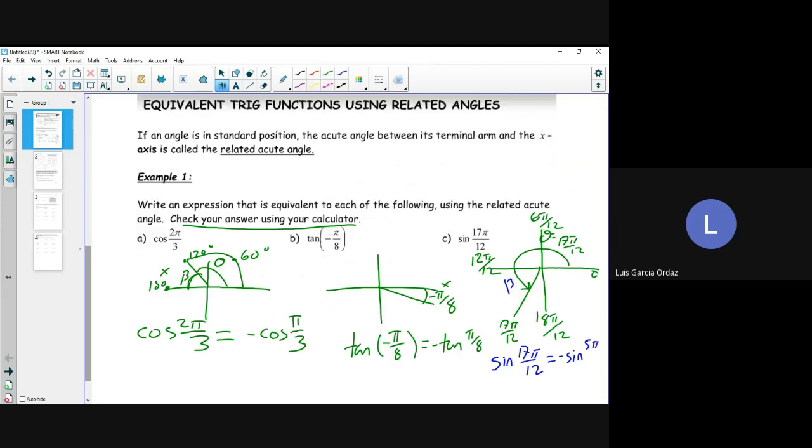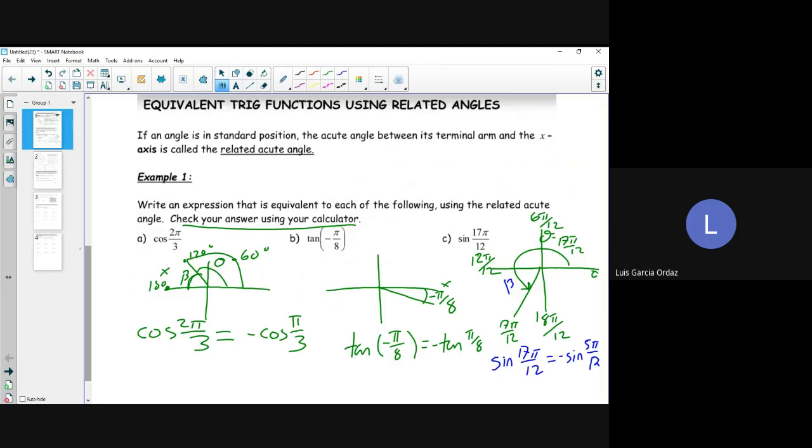I'm gonna throw you correlated acute angles, and it shouldn't be that difficult. You know how cos is x and sine is y? For example, cos of pi over 6 is root 3 over 2.